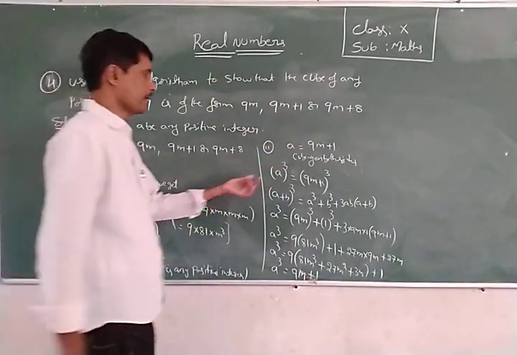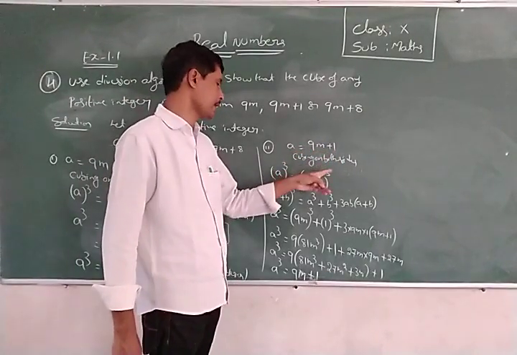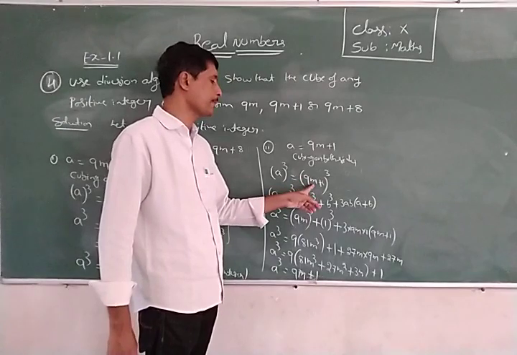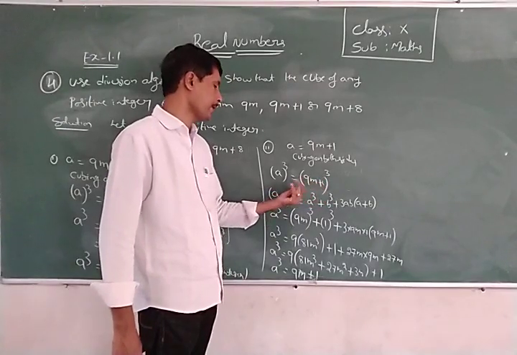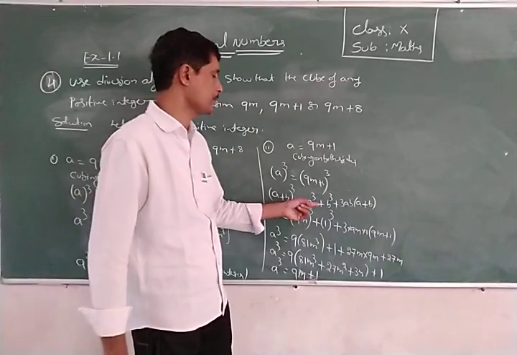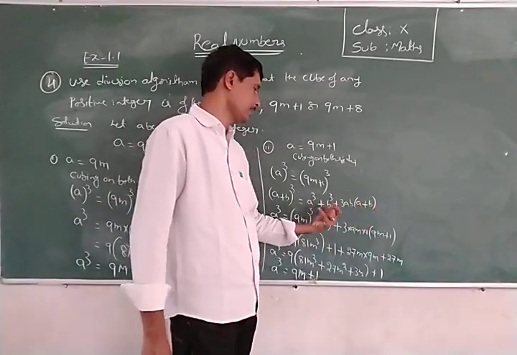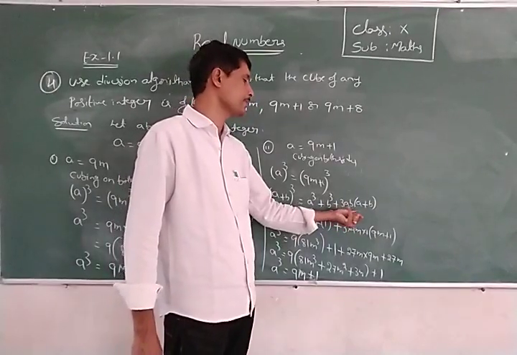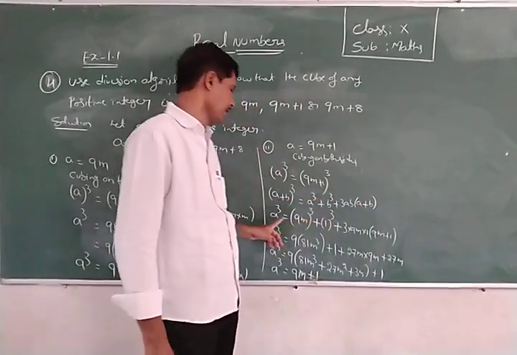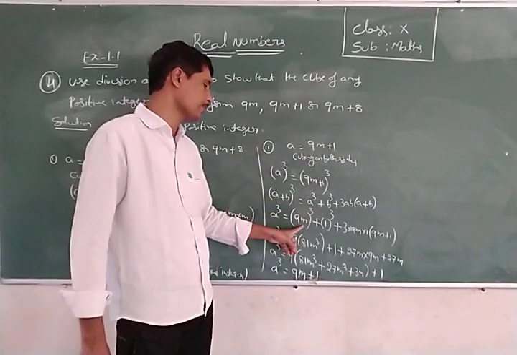Here, one more time: a equals 9m plus 1. Cubing on both sides, a cube equals (9m plus 1) whole cube. Applying the (a plus b) whole cube formula, (a plus b) whole cube equals a cube plus b cube plus 3ab into (a plus b), or a cube plus b cube plus 3a square b plus 3ab square. In place of a, 9m is there, so (9m) whole cube.